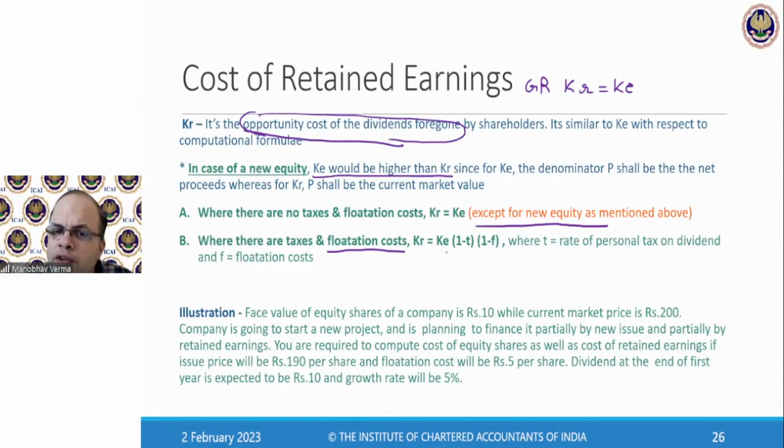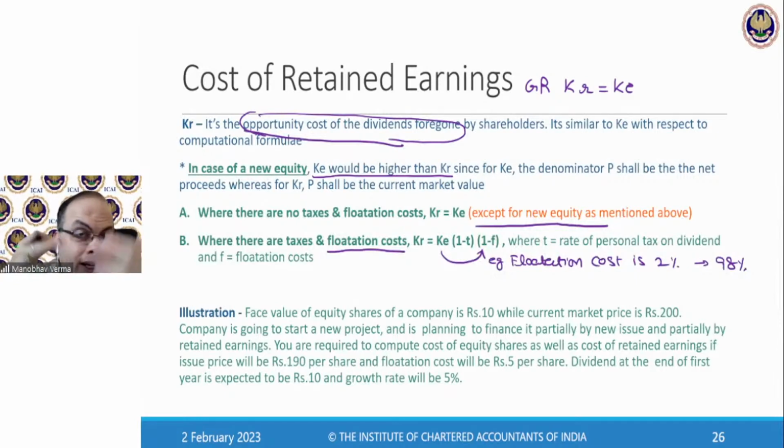So whatever my cost of equity, I multiply that by 1 minus F. Let's say my flotation cost is 2%. So 1 minus F will be 98%, right? So whatever the cost of equity, we multiply that by 98%. As I said, the cost of equity then will be higher, and the cost of retained earnings will be less. Also, we multiply this by 1 minus T. Can anyone tell me why?